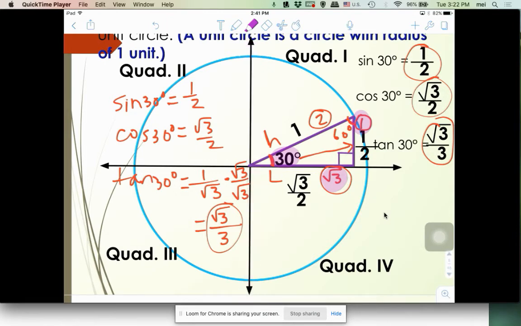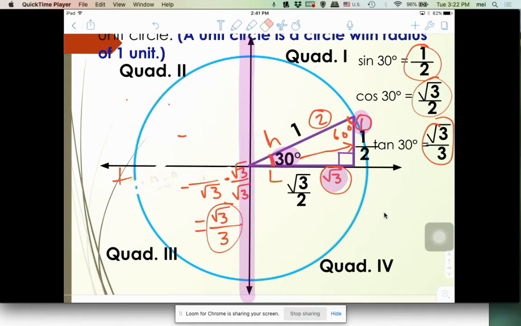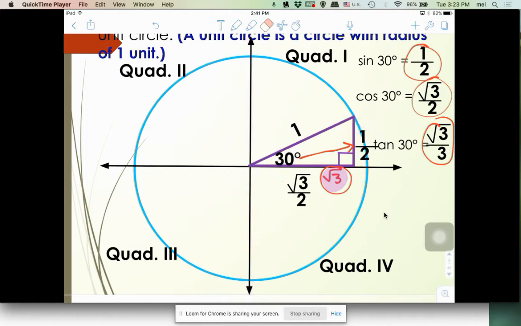So I have the y-axis right here. The triangle that is reflected across the y-axis is going to look like this: 30, 60, 90. Again, the lengths are in the ratios 1, 2, and radical 3.